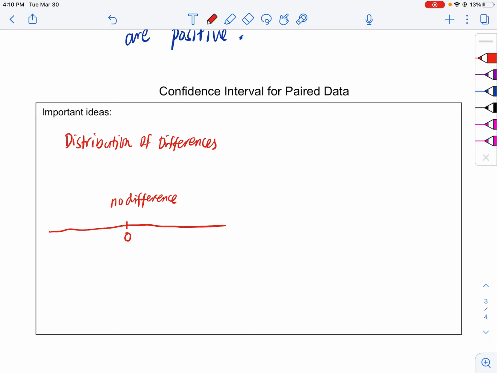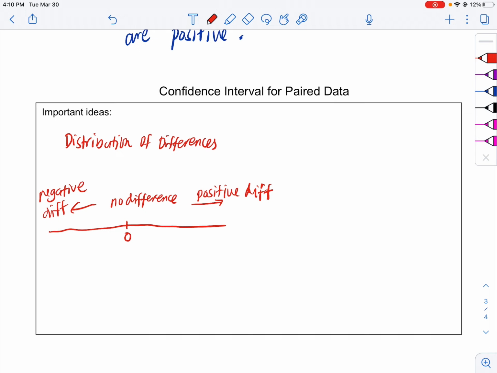And then this means that there's a positive difference, positive diff. And then this one on the other side is negative diff, negative difference. Okay. And then what else?